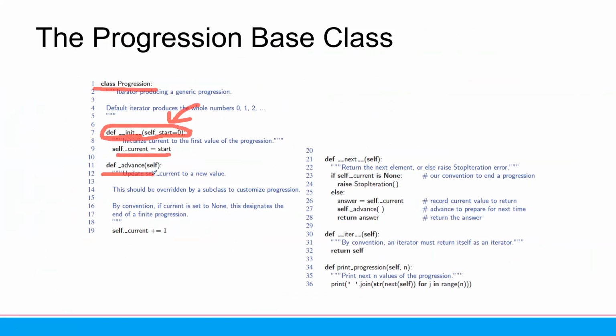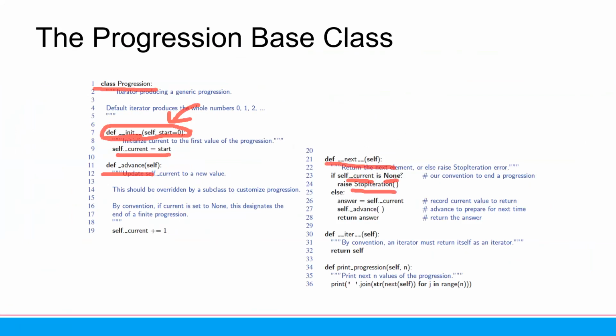Advance means we want to know what the next number will be. Next, it goes to the next number with the formula. If the current is None, then stop the iteration.